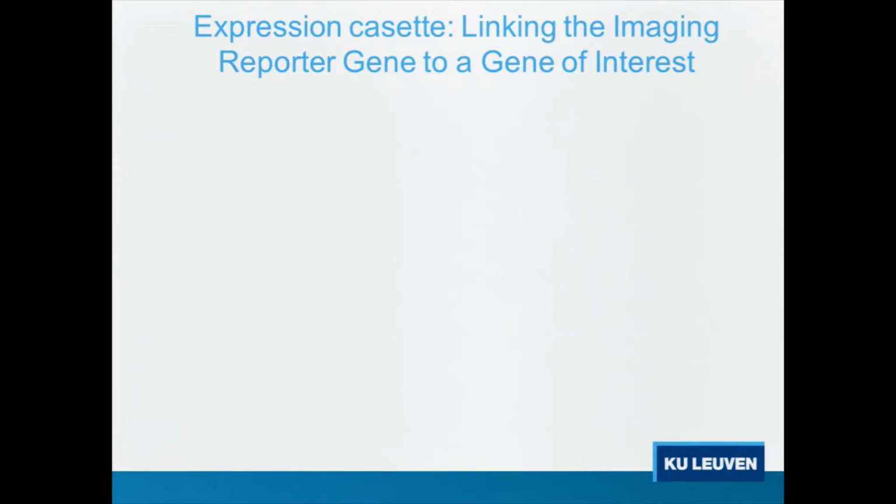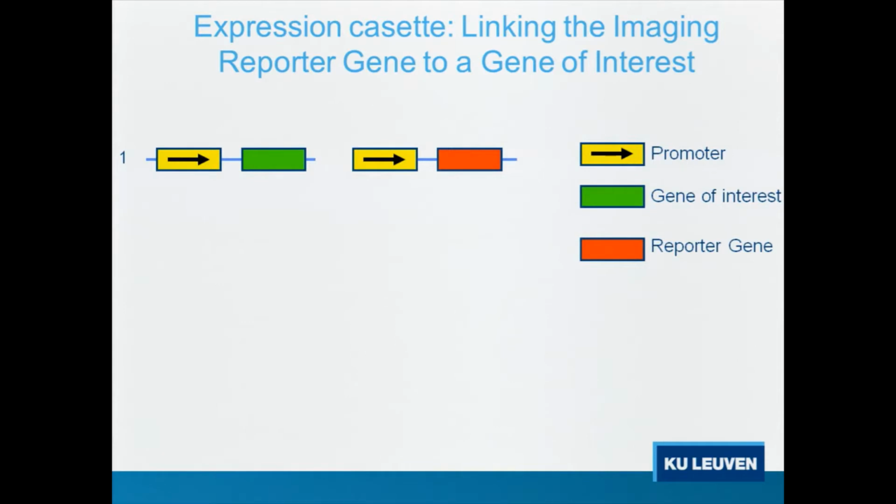And there are a number of different ways how you can actually couple your reporter gene to your gene of interest. The yellow stuff that I use over here are promoters. The green represents your gene of interest or therapeutic gene, and the red is the reporter gene.